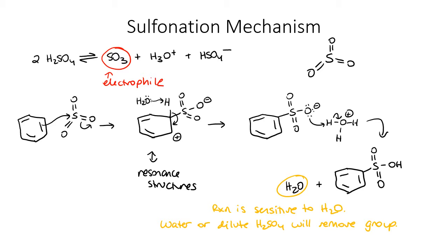And that's because any addition of a product is going to push the equilibrium back to the reactants. So we're going to end up with just a benzene ring. So this is actually going to be very important when it comes to synthesis later on in this chapter.